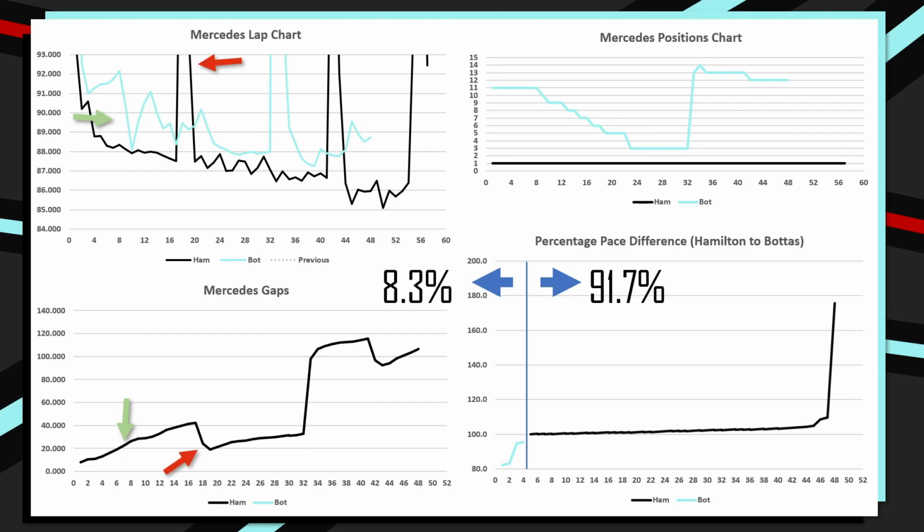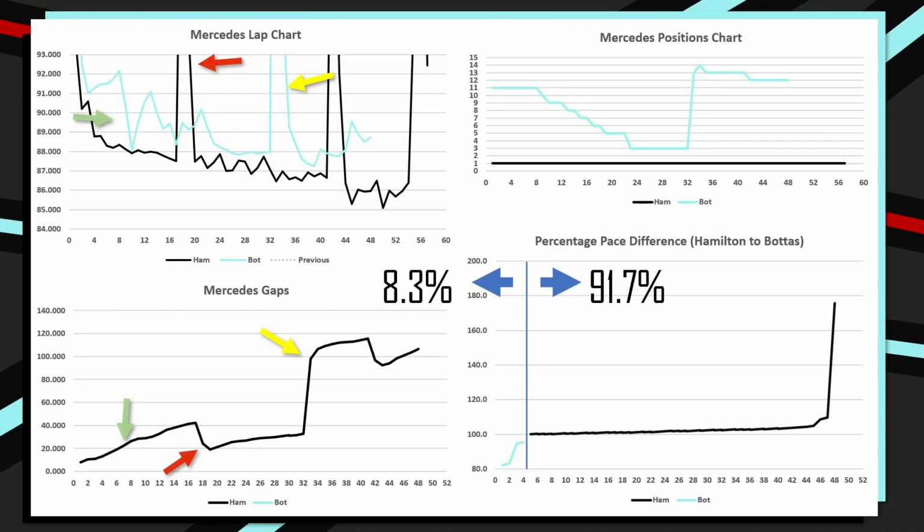Hamilton then comes in for his pit stop, which dips the gap down to 20 seconds, and there is still a mammoth pace gap of around a second per lap until Valtteri Bottas has his puncture, and then he drops all the way down to P14, has his pit stop at the same time as well, and then unfortunately ends up retiring. But had Mercedes pulled Valtteri Bottas in just that little bit earlier, it would have been a much better race for him.